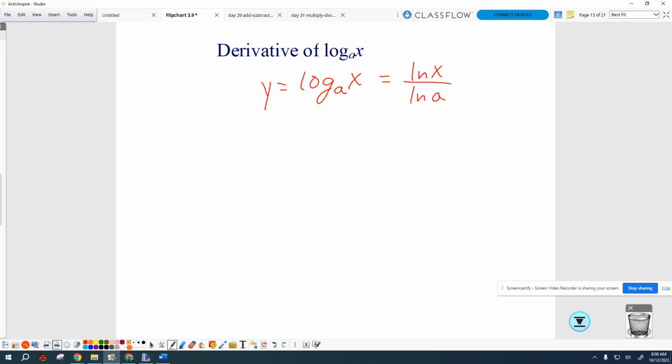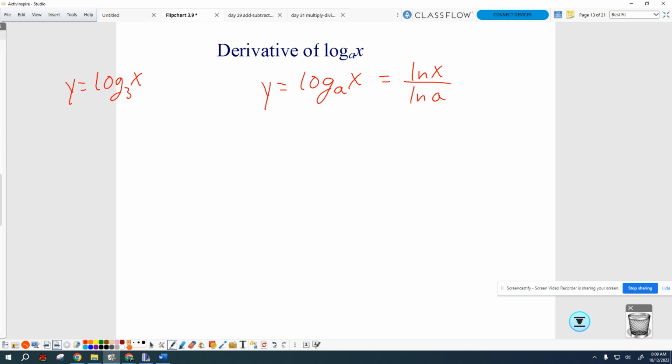And Nick, this one, a is also a number that you had to pick in advance. So like log base 3 of x. It's not a variable, it's a placeholder for some number, any number that you've chosen, but it's fixed once you've done it. So natural log of a here, is that a number or is that a variable?